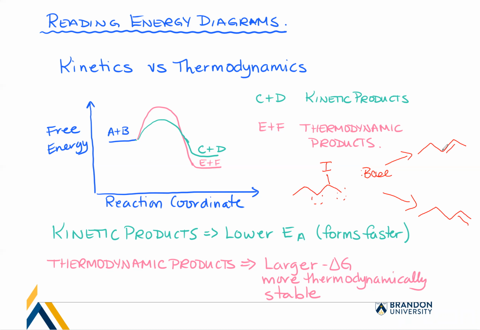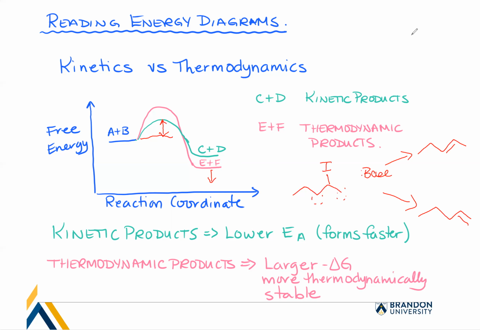And so often, one of these two processes will be lower in energy here and generate products that are thermodynamically not as stable as E and F, because the lower you are on this diagram, the more thermodynamically stable you happen to be.